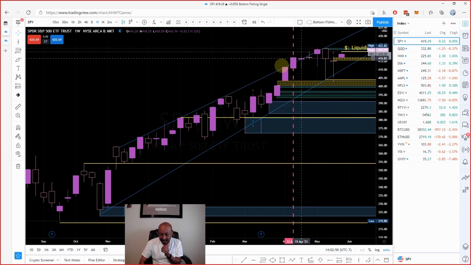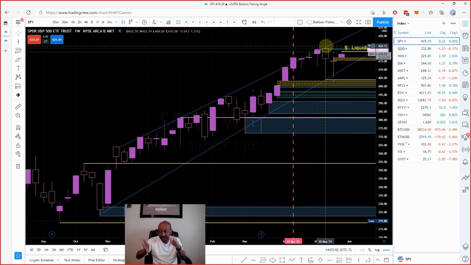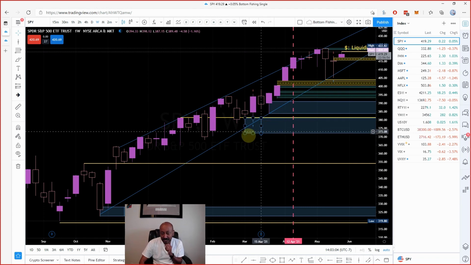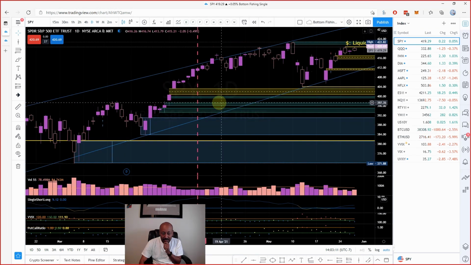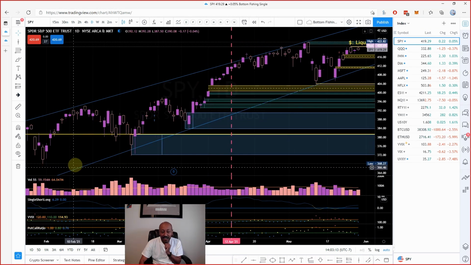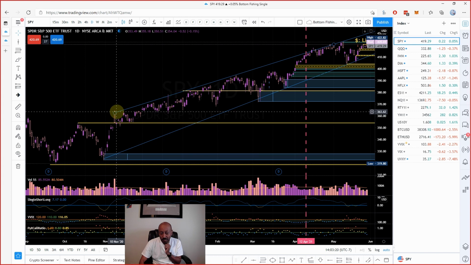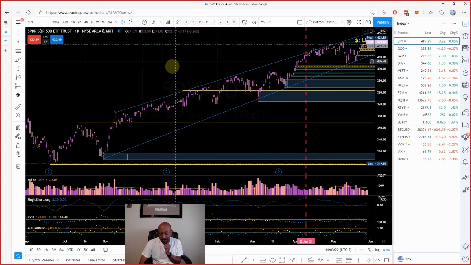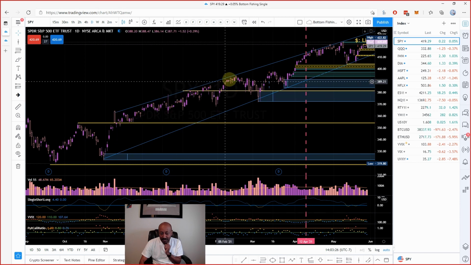Don't try to adjust it, as long as you have a few touches. It's just to get a general direction of the market. Then when you go to the daily, you see it clearly now. When price touches the top one, it doesn't go through straight away. It plays around, and once in a while it gives you a good pullback.